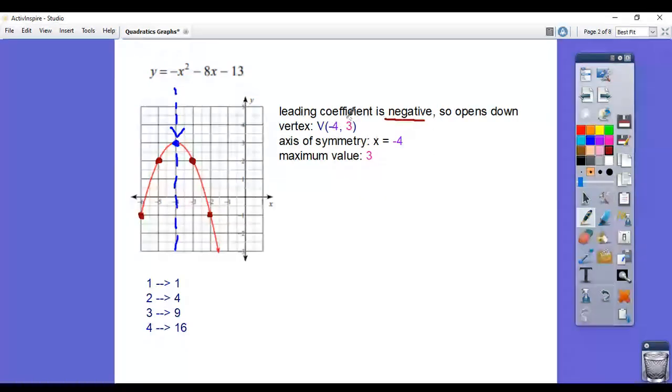My axis of symmetry, therefore, I should use the highlighter, is going to be x equals -4, which is here. My maximum value, that's my largest known point, is 3, and that is actually the y coordinate.